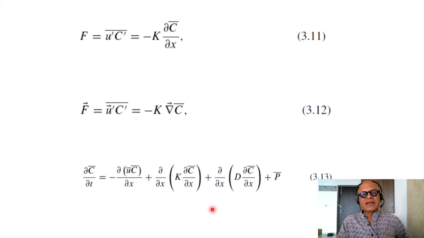It turns out that in the general atmospheric and oceanic circulation on large scales, molecular diffusivity is much smaller than eddy diffusivity terms.